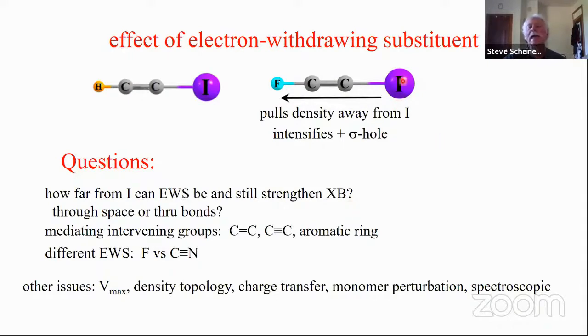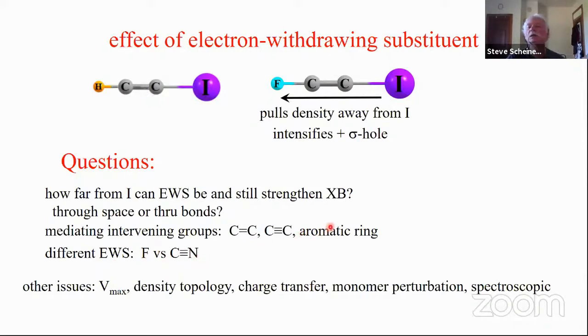Another issue is, as it pulls the density, is it doing it through space or through the bonds? Is it an inductive effect? Then another issue is intervening groups here: double bonds, triple bonds, or an aromatic ring. And yet another issue is two different electron withdrawing substituents, F versus CN, which is even stronger.